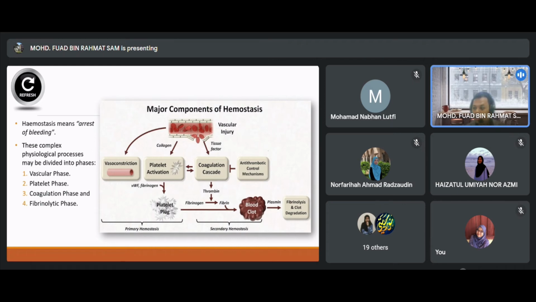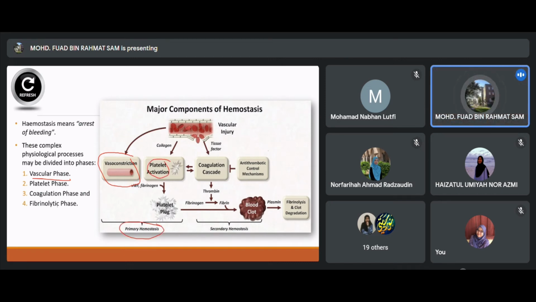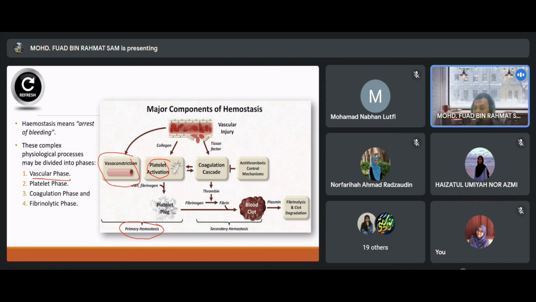Okay, so the vascular phase involves vasoconstriction, and then the platelet plug or platelet activation, and this is under the primary hemostasis. And then convert the fibrinogen to a jelly-like fibrin clot, which involves the coagulation cascade, and then later re-establish the flow of blood through a mechanism of slow clot lysis.